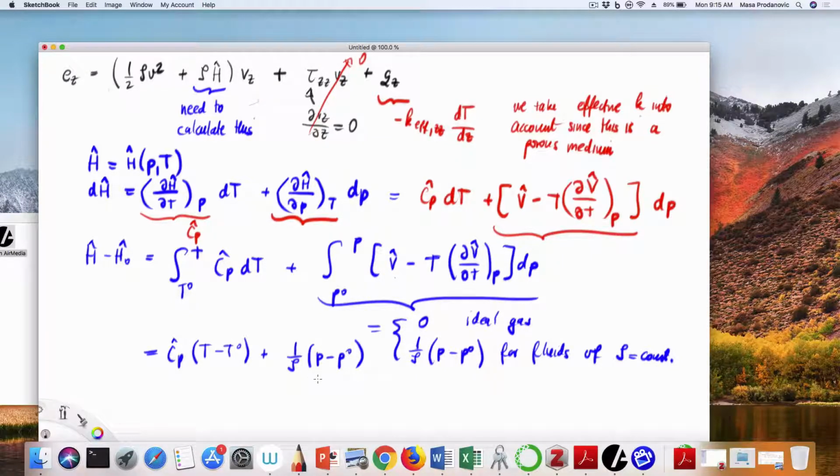Okay, so now I have all of the elements. What I'm actually solving is that dEz/dz is equal to Sc, right?